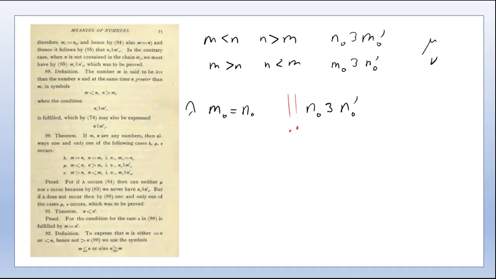So if we've got n naught is a part of m naught primed, well, this would be n naught primed. That follows from, I guess, back at 22 or 23, maybe.